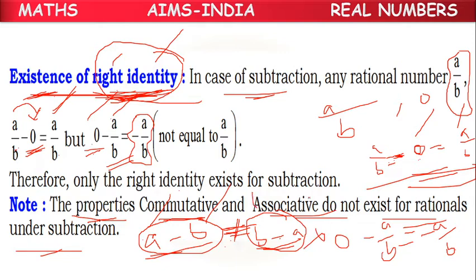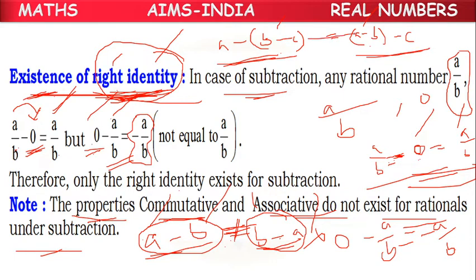In the same way, what is associative? Associative means subtraction of three rational numbers in different groupings. This is one order, a minus b minus c, where b minus c is grouped together, and here a minus b is grouped together. If we change the grouping of subtraction, the results will not be equal.